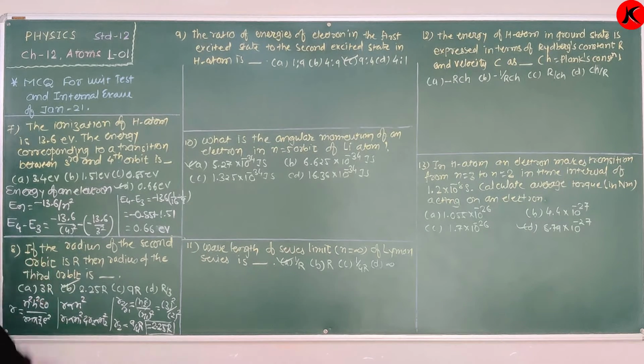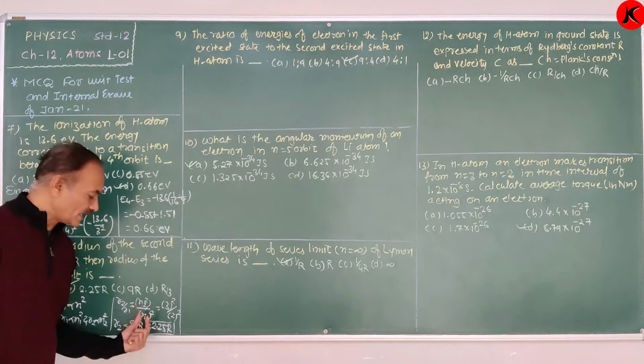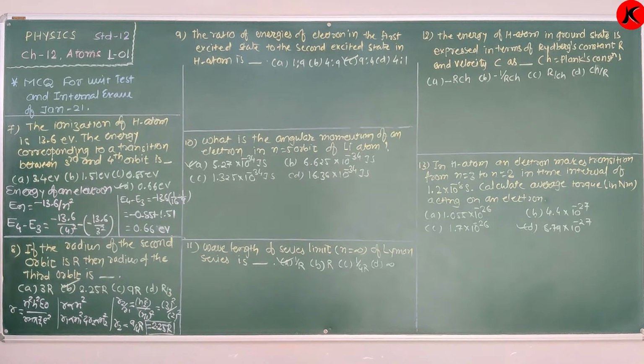Therefore, we can directly write R proportional to n square. Therefore, R1 is proportional to n1 square and R2 proportional to n2 square. Take the ratio: R2 upon R1 is equal to n2 square upon n1 square.